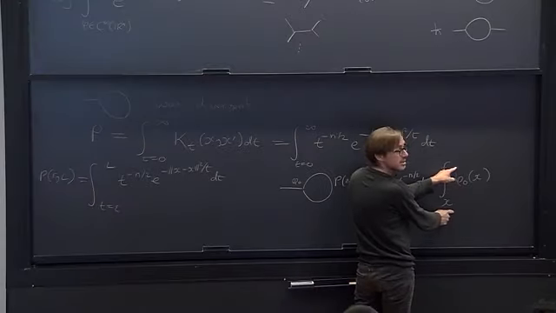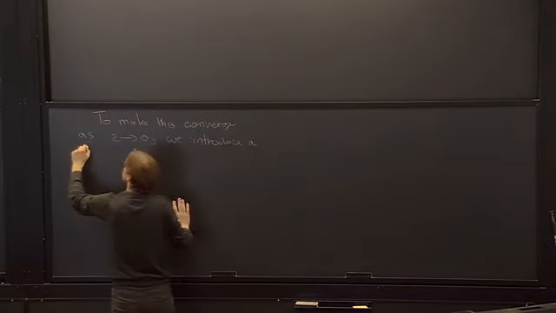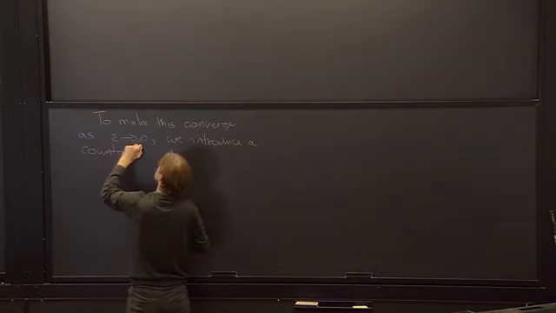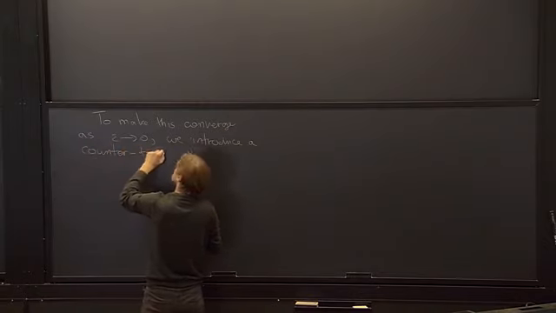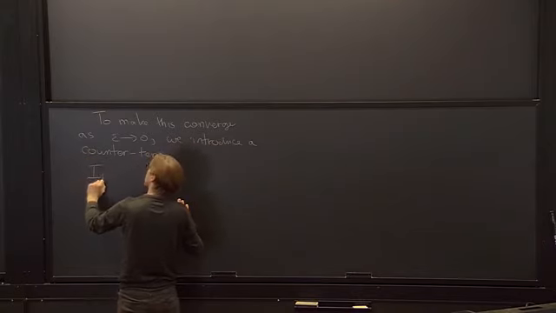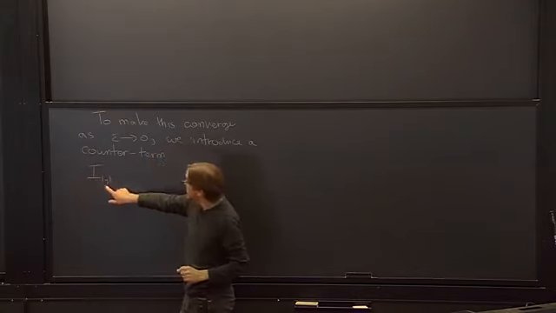Or have a limit as epsilon goes to 0, we introduce a counter term. I'll write it like this, I, 1, 1. This means it's one loop and one external line.